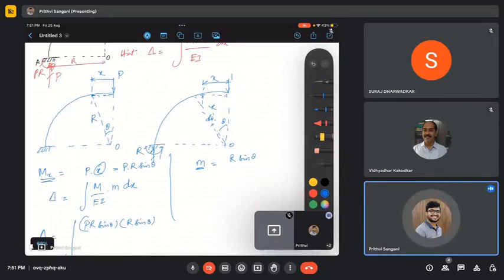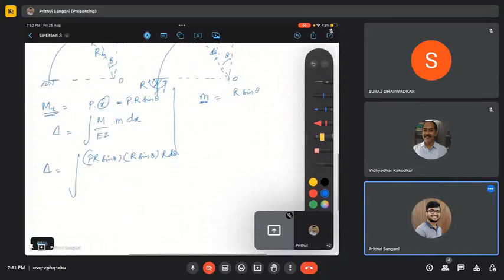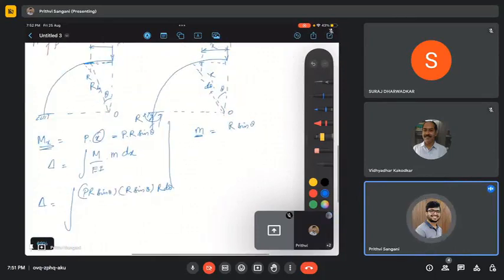Let us say this is a small part, so this is r, this is d theta. The length of the curve is nothing but r times the angle subtended in between. So this is r d theta divided by EI.